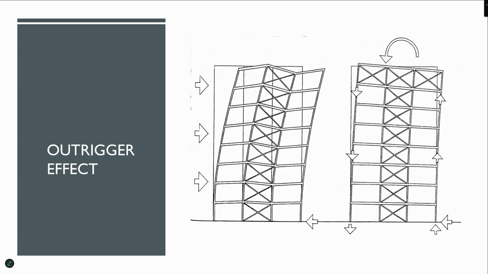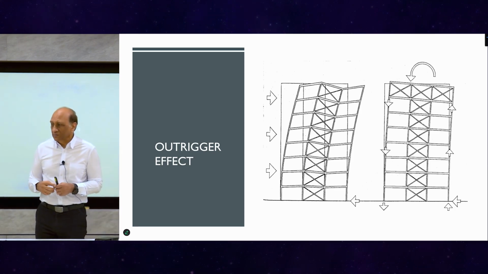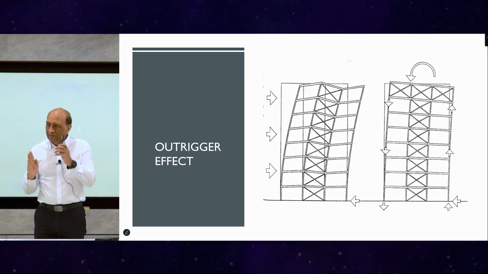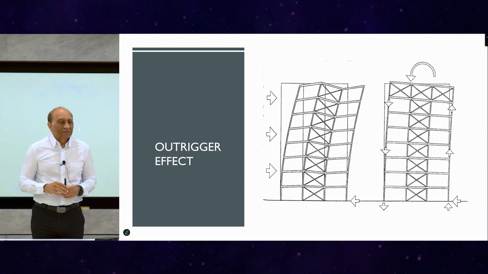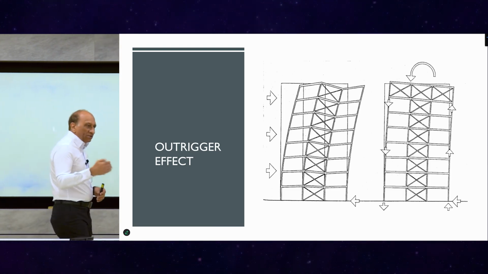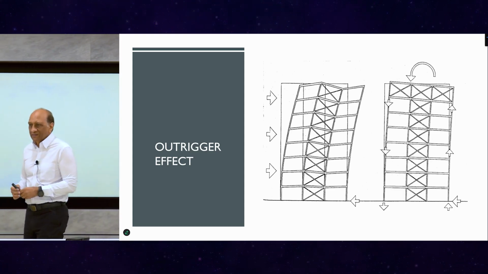And this is the key to gain the strength or gain the advantage, because we are converting the bending into axial shortening and axial extension. And in general, every member has a very large axial stiffness and small bending stiffness and small shear stiffness. So if you can convert the bending moments or the shear forces into axial forces, then you suddenly increase the stiffness substantially.